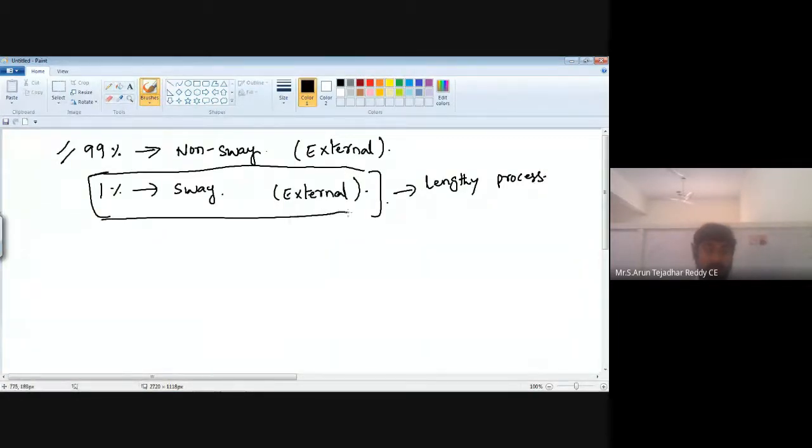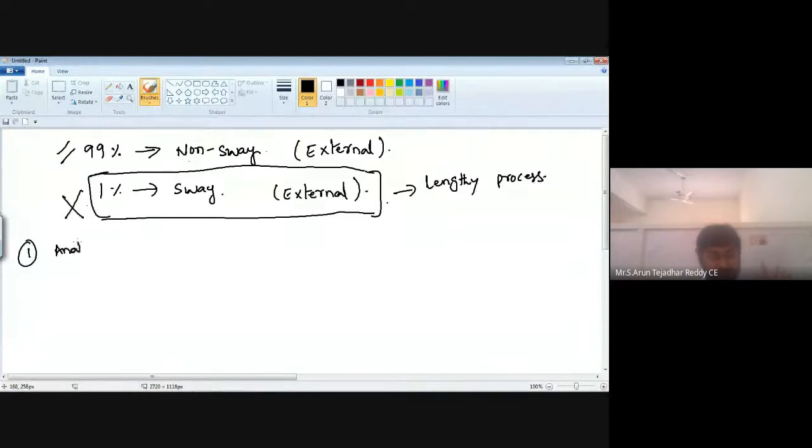So this type of problem will mostly not be given in the external exam. Non-sway. Okay, leave the topic. Just listen carefully and remember the conditions we have discussed in the previous problems. Just remember those conditions. That's it.